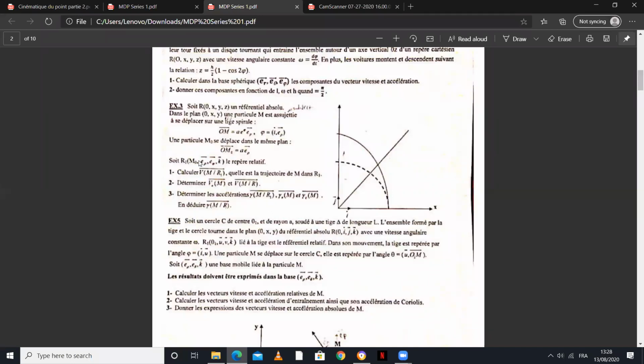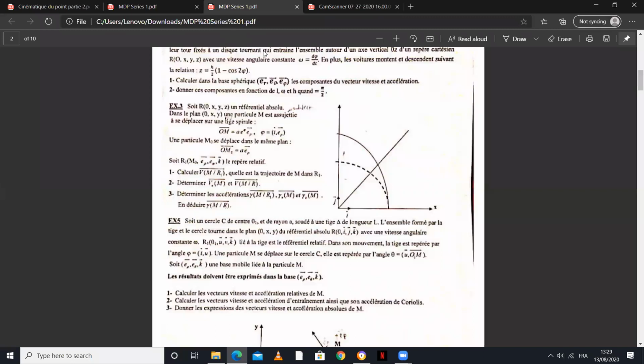So your vector position becomes M0M and not OM. Careful. This is how you confuse things and lose marks. You are in R1. Okay, you are in R1. The origin there is M0. So when they ask you to find vector du point M dans R1, you won't be deriving OM. You'll be deriving M0M because M0 is the origin there.